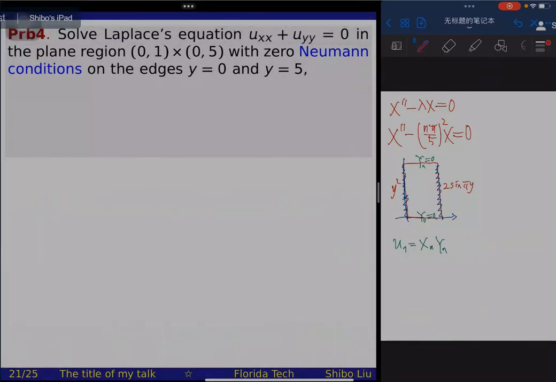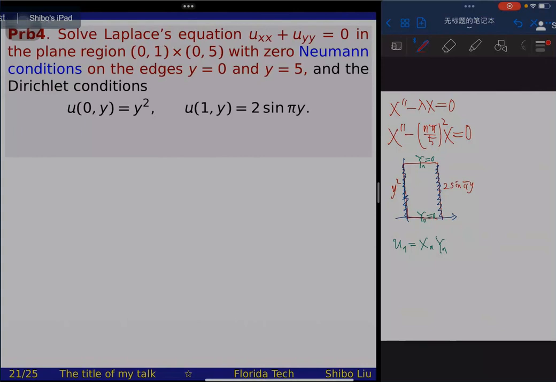My problem 4 has the same equation and the same region, that is the rectangle, but instead of the 0 Dirichlet condition, I impose the 0 Neumann condition on the bottom edge, that is y equal to 0, and the top boundary, that is y equal to 5.